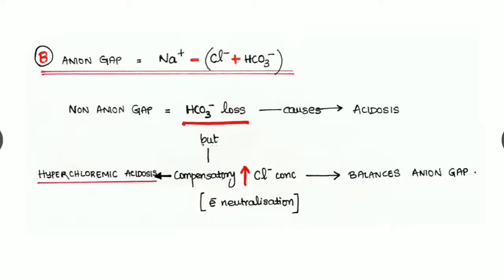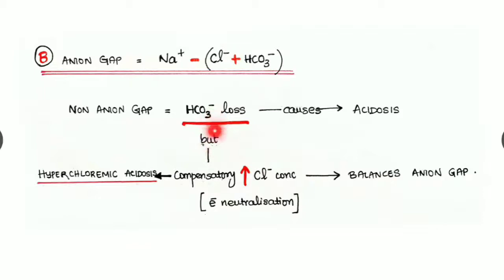How? What is this non-anion gap? Bicarbonate loss is the cause of non-anion gap. This bicarbonate loss itself causes acidosis, that we know, because bicarbonate is the agent that maintains the alkaline nature in the blood. So if it is lost, it causes acidosis.